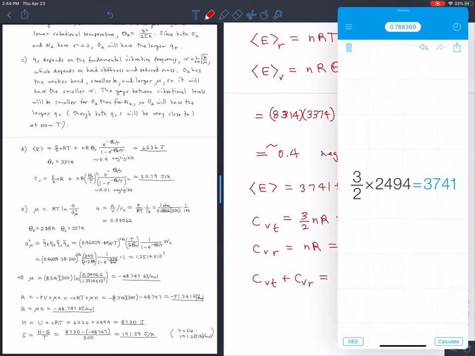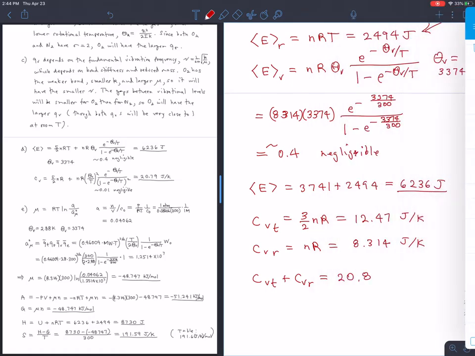Let's calculate that. It's 5/2 times 8.314, and that is 20.8 joules per K.